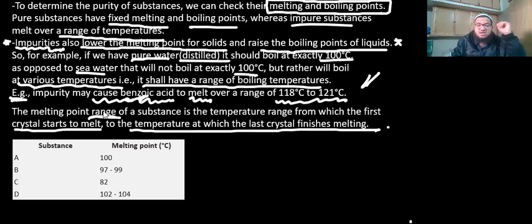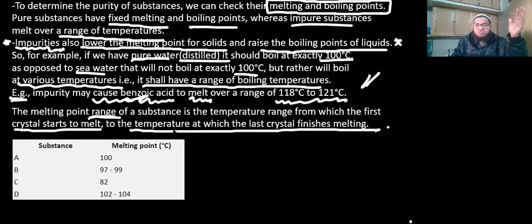Range is actually the temperature from which the first crystal starts melting to the temperature at which the last crystal has completely melted. So that's the range of temperatures. That's what the range actually means. I used to be very confused about this term in my O levels. I still remember, but this is what it actually means.